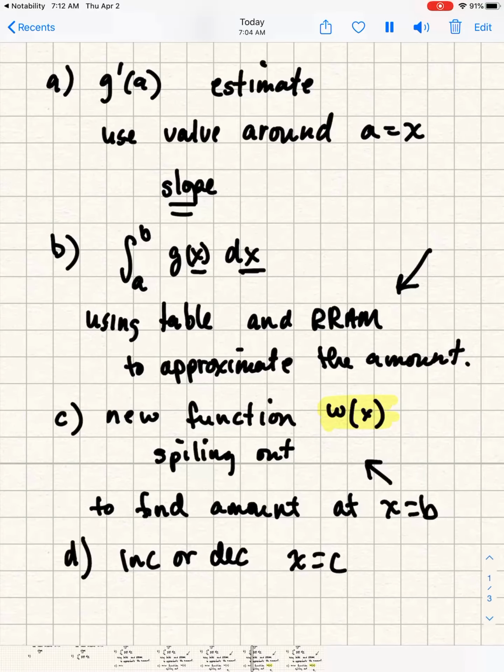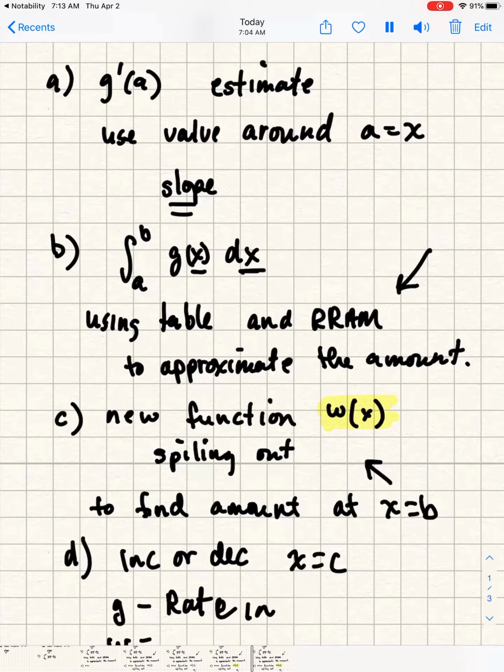All you really have to do is use the values that are given. G was the function of the amount that's going in. W is the rate out. Let me write it this way. So this is the rate in, and this is the rate out. Use those two to figure out if it is increasing or decreasing at that value.